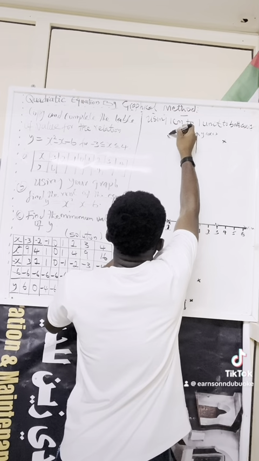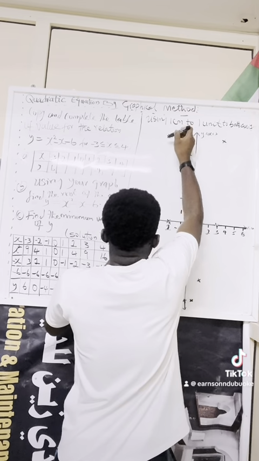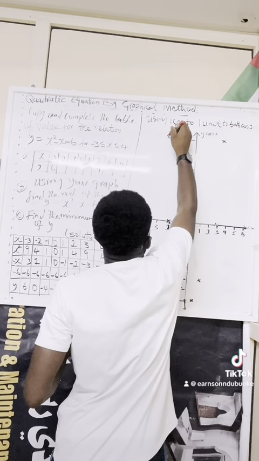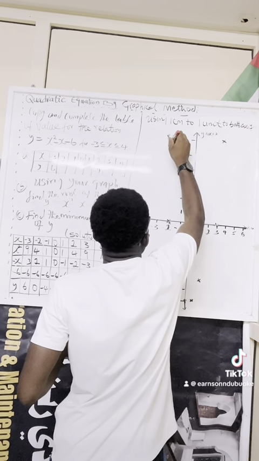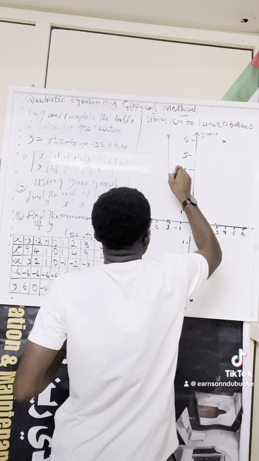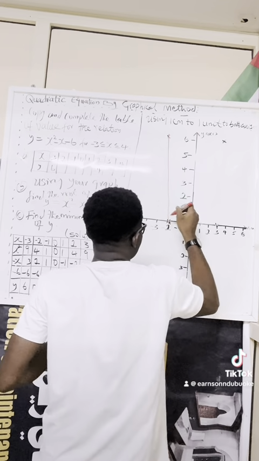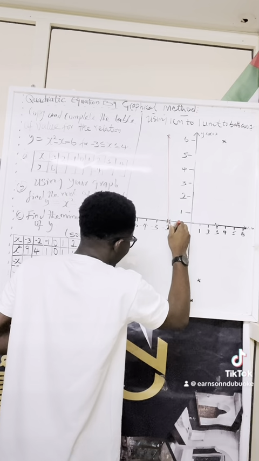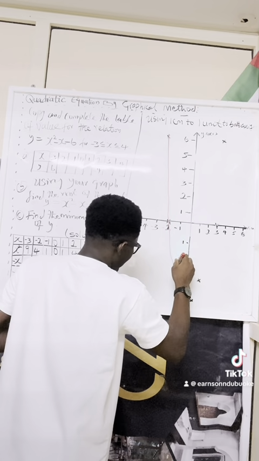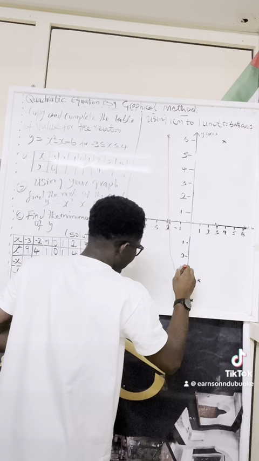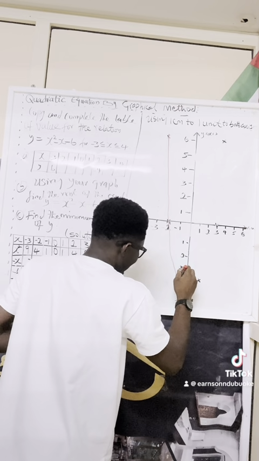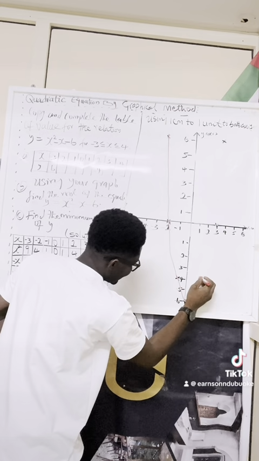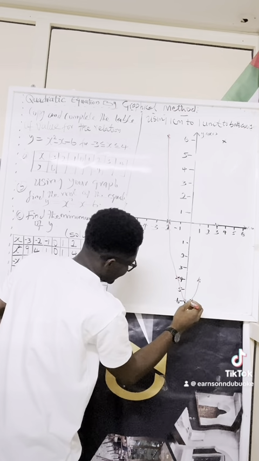So from here now, I plot here. Let me use red. I now plot from here. See how the curve goes. From this intersection, I bring it down to touch this one. From here again, I bring it to touch this one, and again to touch this one.